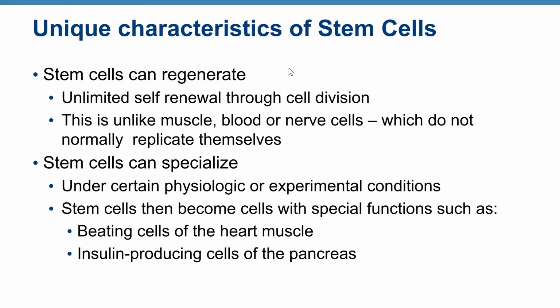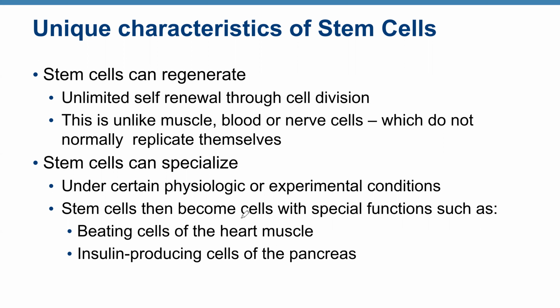A unique characteristic of stem cells is that they can regenerate. They have unlimited self-renewal through cell division. That means that stem cells can divide and produce more stem cells, and this renewal is unlimited. This is unlike muscle cells, blood, or nerve cells, which do not normally replicate themselves. Stem cells can specialize under certain physiological or experimental conditions.